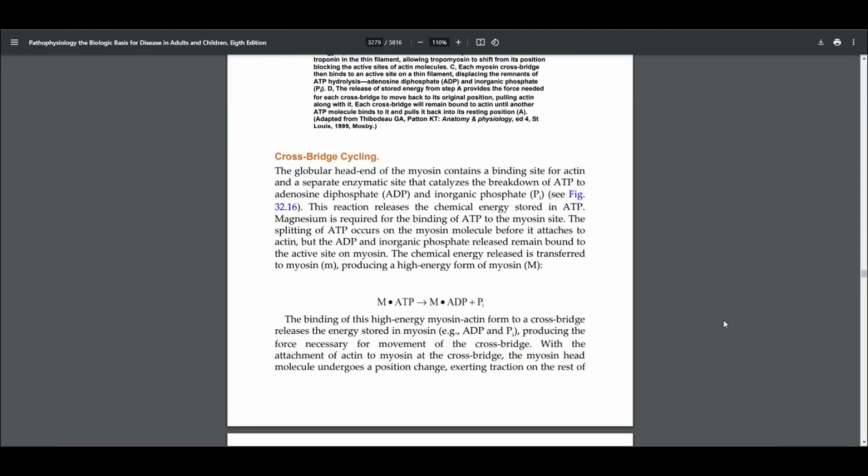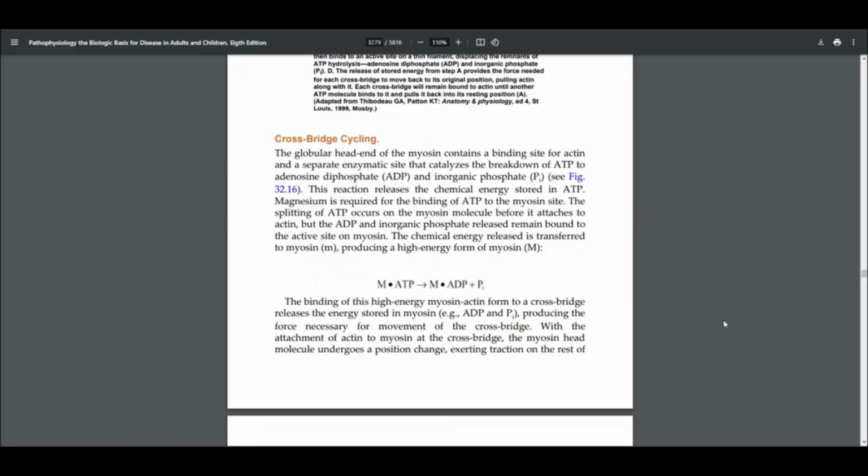This reaction releases the chemical energy stored in ATP. Magnesium is required for the binding of ATP to the myosin site. The splitting of ATP occurs on the myosin molecule before it attaches to actin, but the ADP and the inorganic phosphate released remain bound to the active site on myosin. The chemical energy released is transferred to myosin, producing a high-energy form of myosin.